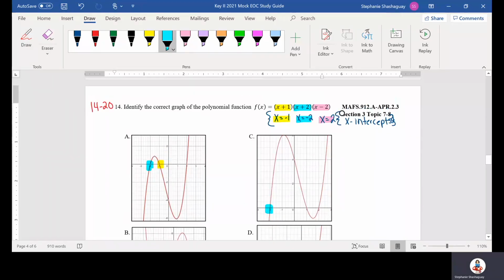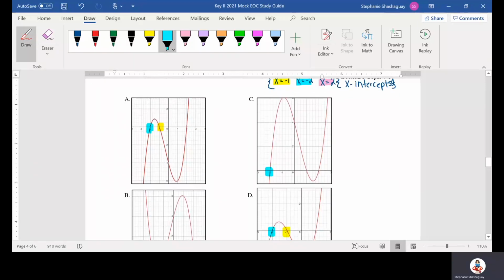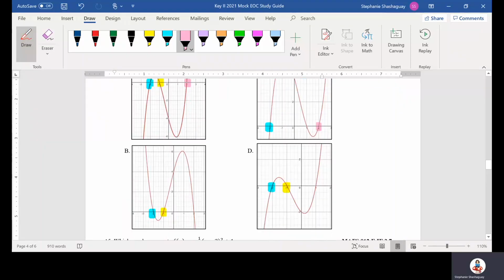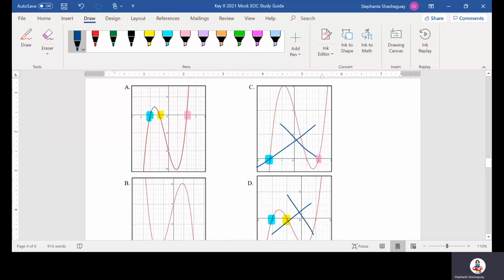And then finally, x equals 2. So that's our third x-intercept that we're looking for. X equals 2, x equals 2, x equals 2. That says x equals 1. So just by looking at my x-intercepts, I can cross out C and I can cross out D. So I'm left with A and B.